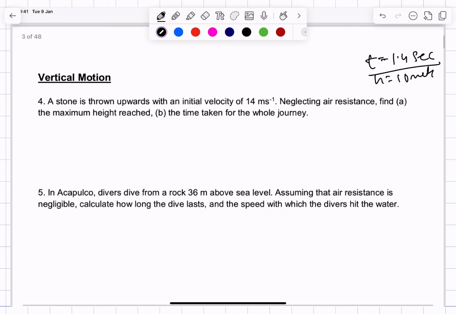Any more answers? Total time is 1.4, Ravinder, right? No, sir, 2.8. Total time is 2.8. So 1.4 is the time when it reaches the maximum height. Okay, makes sense.